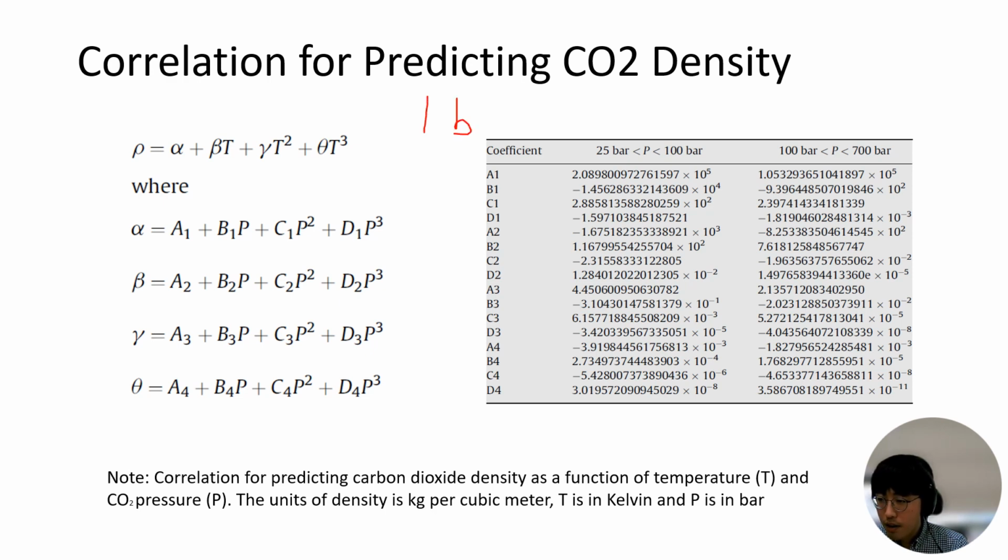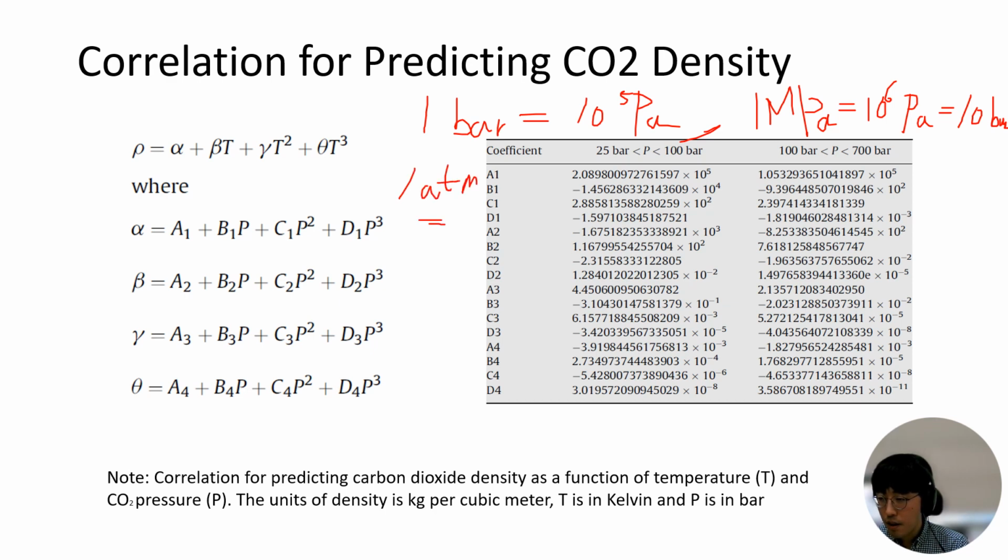1 bar is equal to 10 to the 5 Pascal. And also 1 megapascal is 10 to the 6 Pascal. That means 1 megapascal is equal to 10 bar. And as a reference, 1 atmospheric pressure is around 101325 Pascal, and it's similar to just 1 bar.